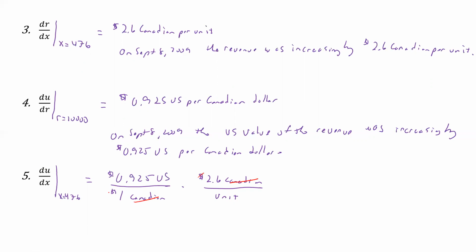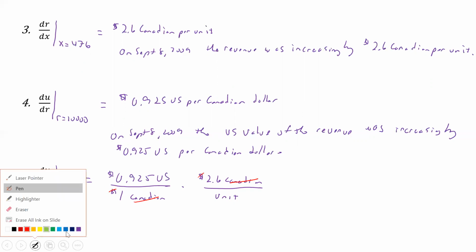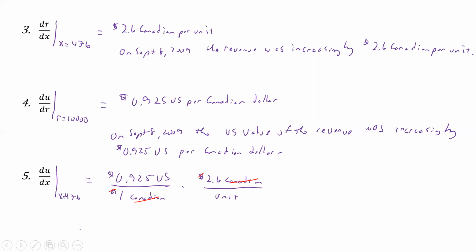So now all we need to do is take 0.925 times 2.6, and we get 2.405. And that was US per unit, because now we have US and a unit.